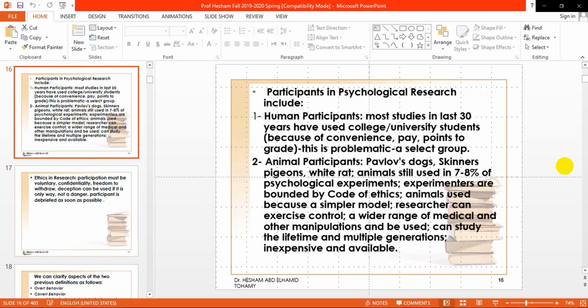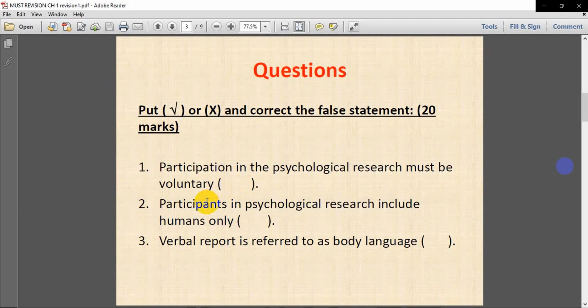So our answer is false. If we correct this sentence: participants in psychological research include humans and animals.